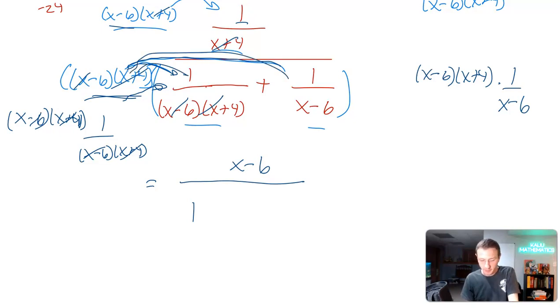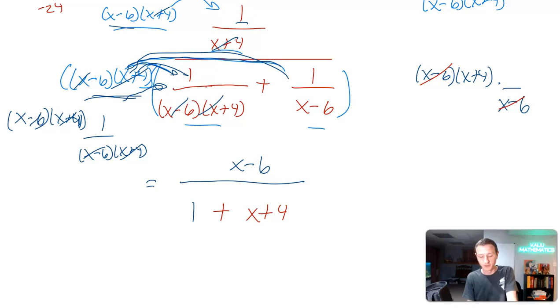Over here on the far side, the x minus 6s will cancel this time. So I'm just left with x plus 4 times 1, which is just x plus 4. So 1 over x plus 4. And if this was, let's say, 2, you would do 2 times x plus 4. Or if it was another variable like y, you'd do y times x plus 4. Whatever that term is, you're going to multiply it.